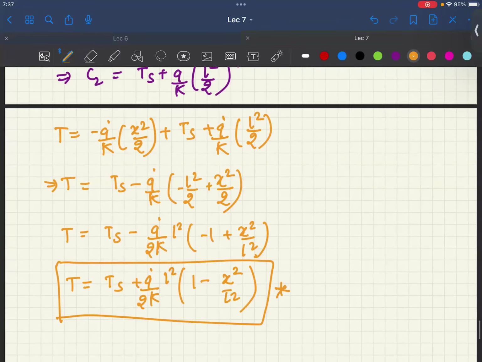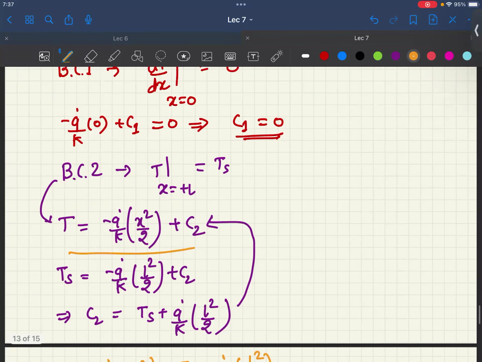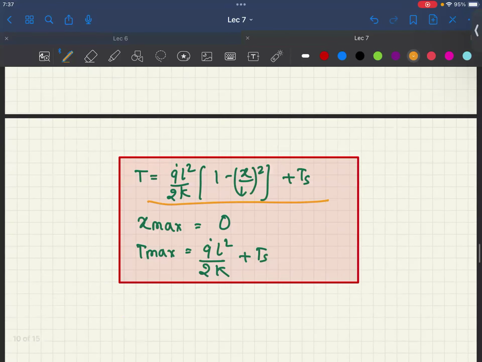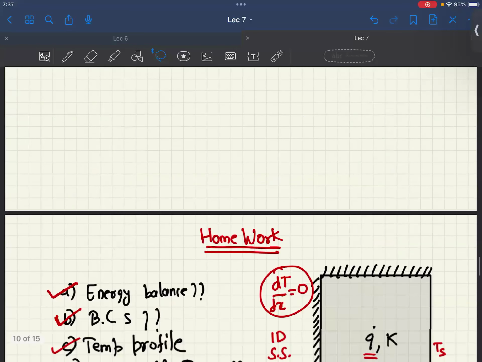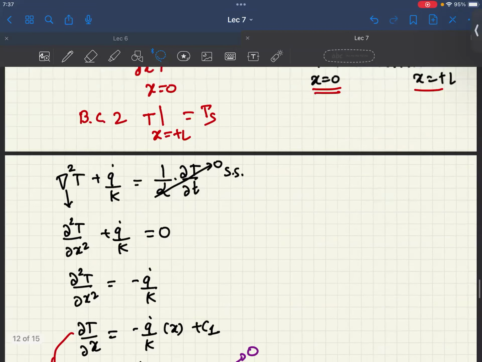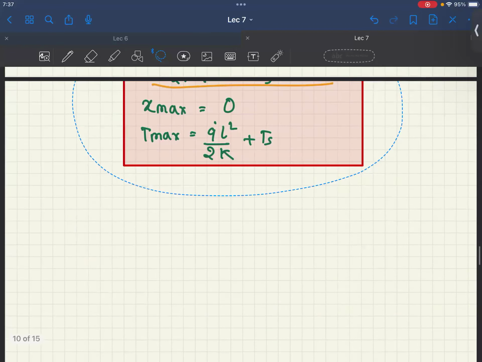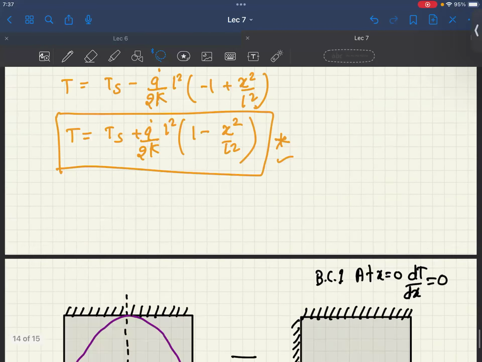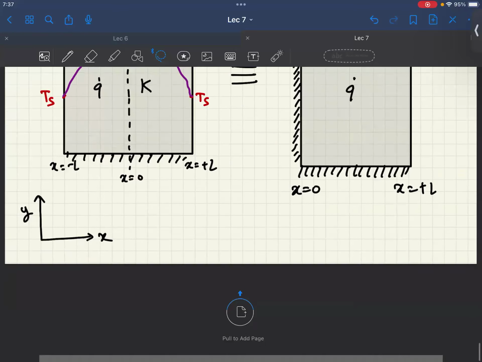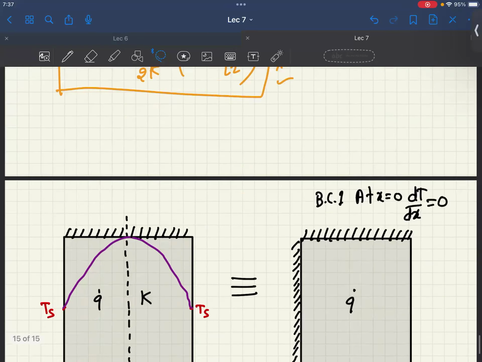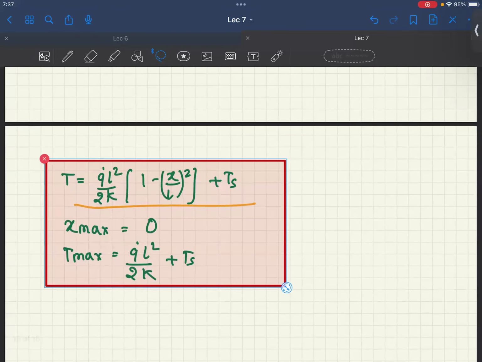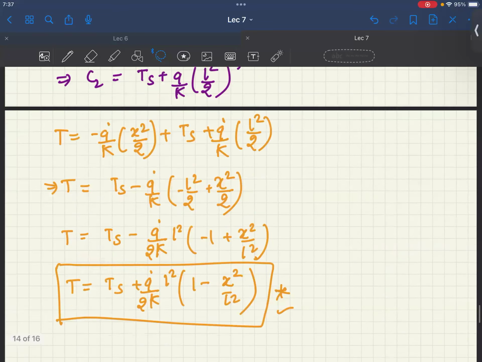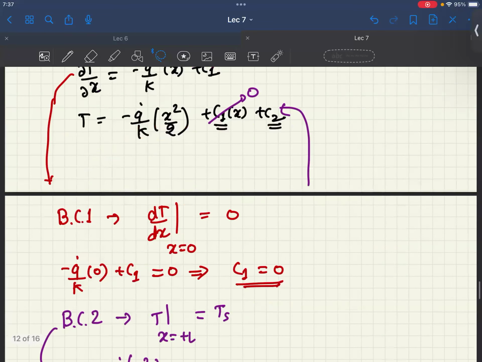So let me just copy paste it. This is the expression for this system.